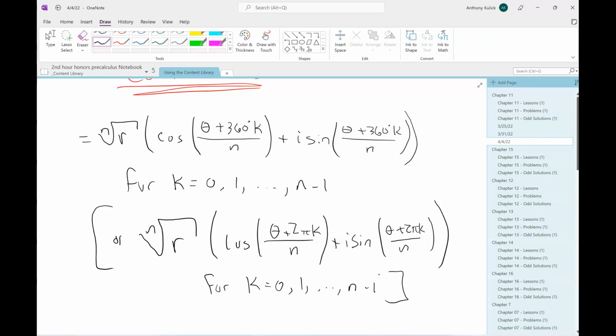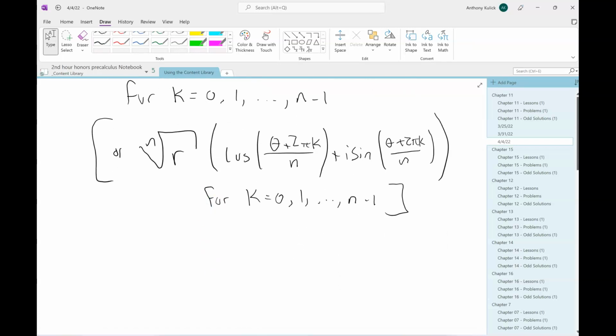Okay. So we have, again, a version for us, whether we're dealing with things in degrees or radians. It's the same formula, though, right? The only difference is the radians. The takeaway here is if I take an nth root, I'm going to get n different solutions. Which shouldn't be surprising, right? Let's do an example to kind of hit this home.